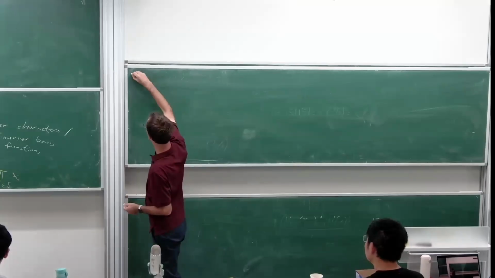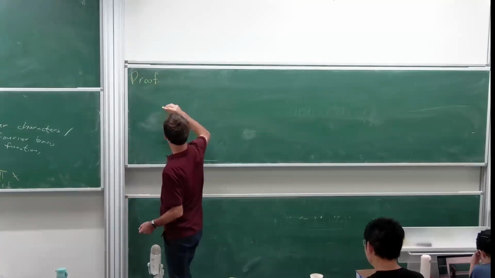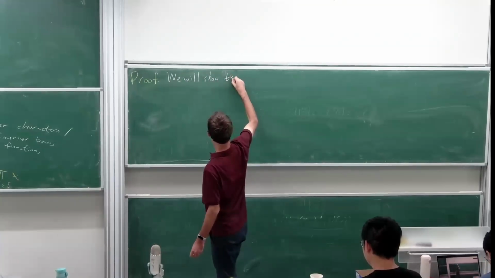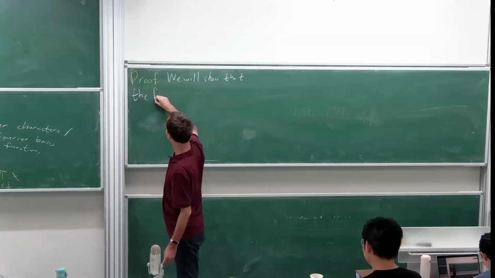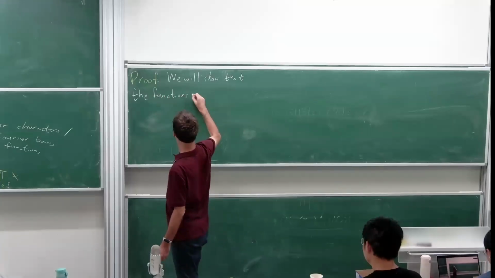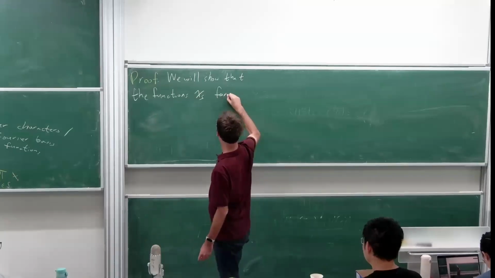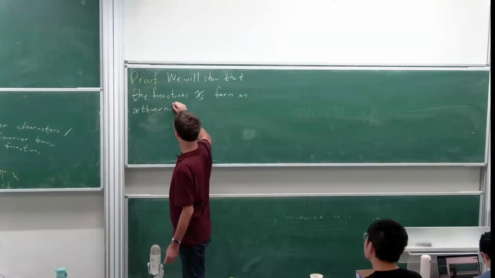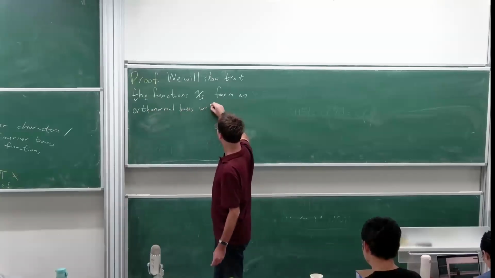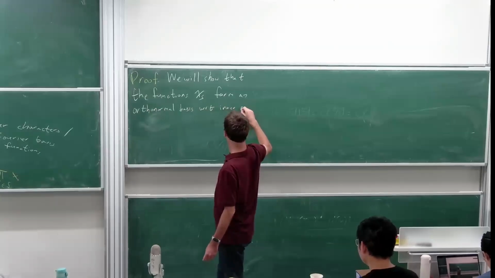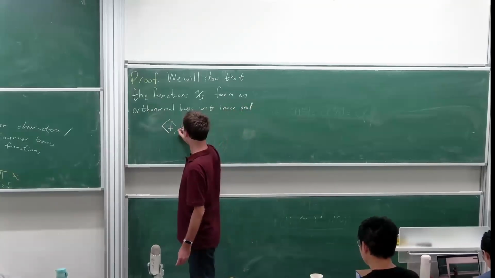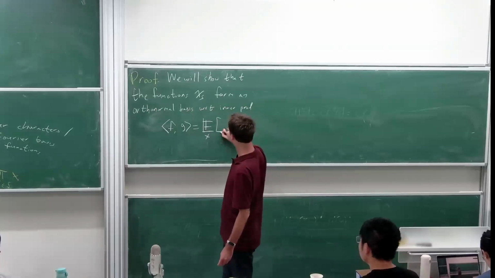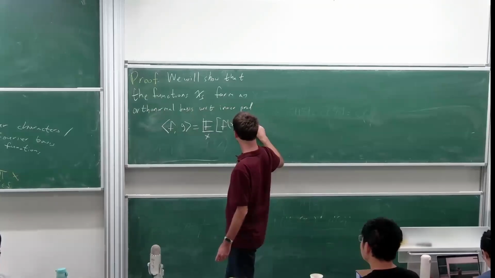This will be proof. Okay, so we will show that the functions χ_S form an orthonormal basis with respect to the inner product of f and g: the expectation over x, uniform distribution, of f(x) g(x).